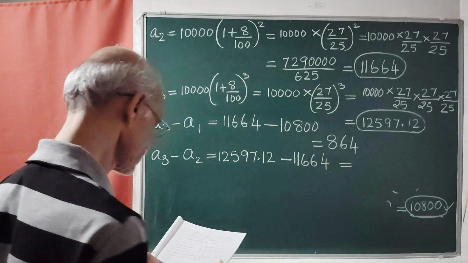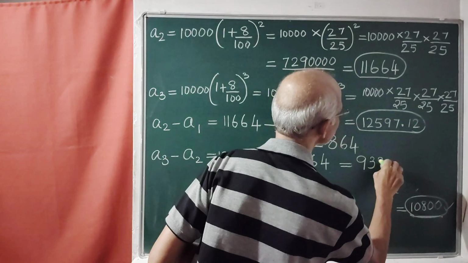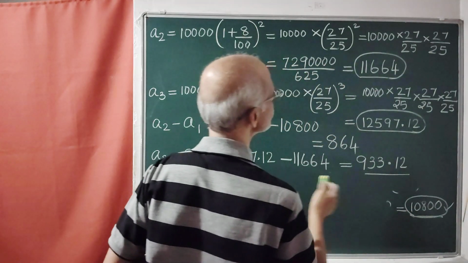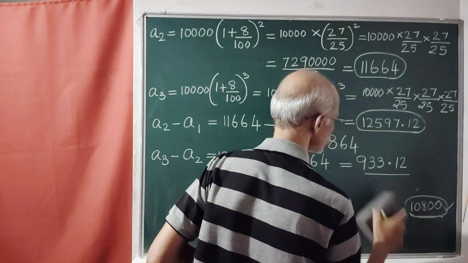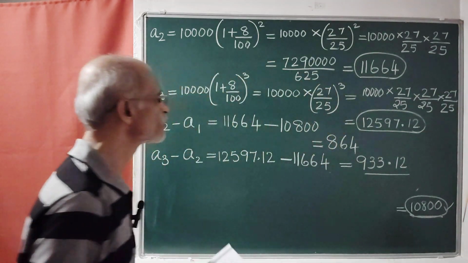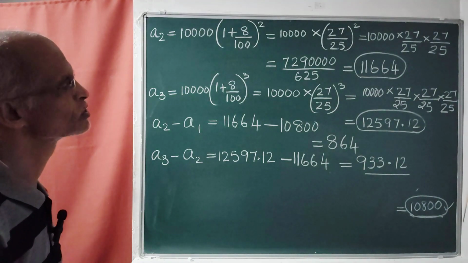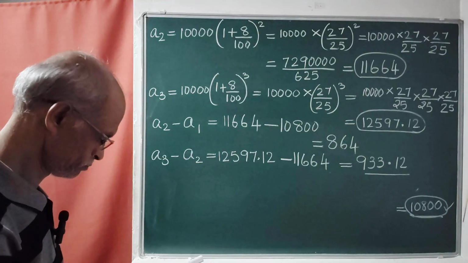We get 933.12. So we find that there is no common difference between these terms. So these numbers don't make an AP.